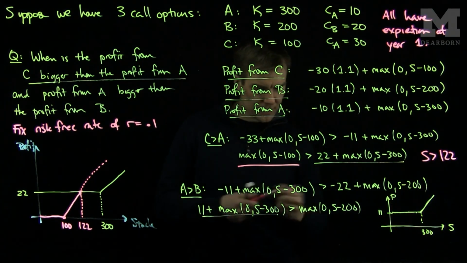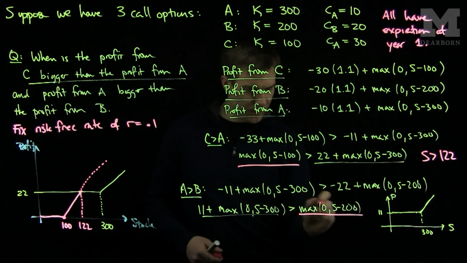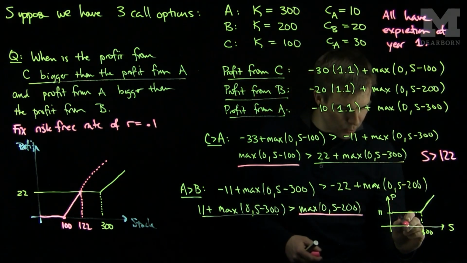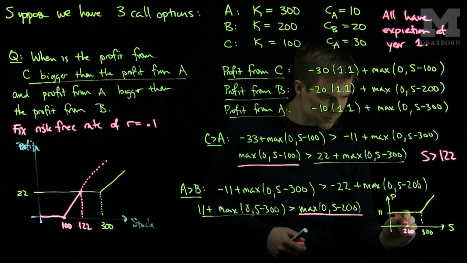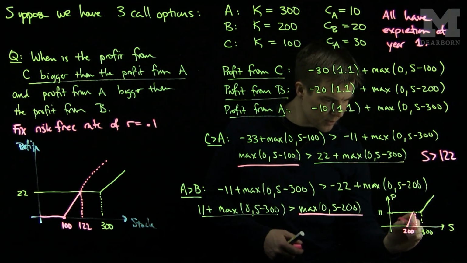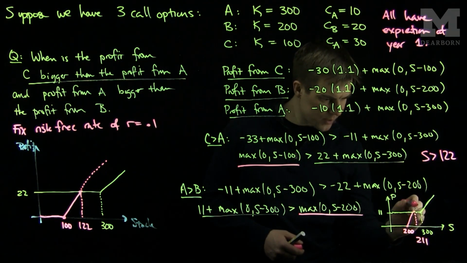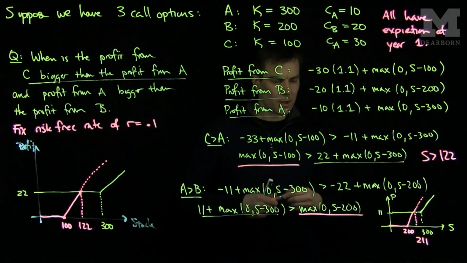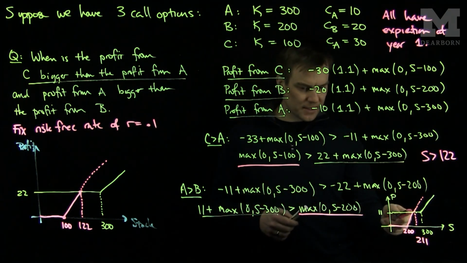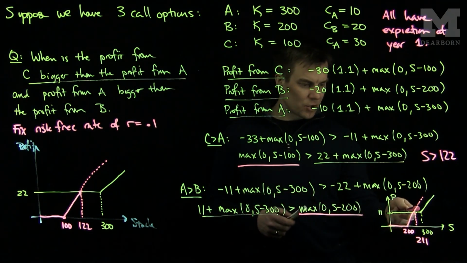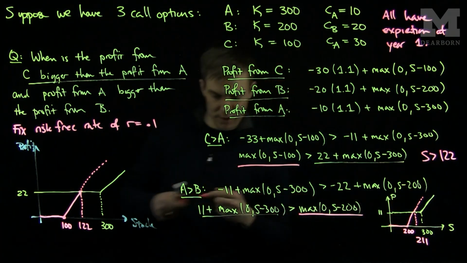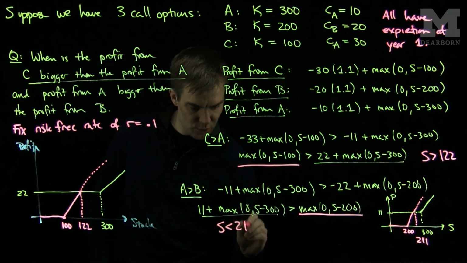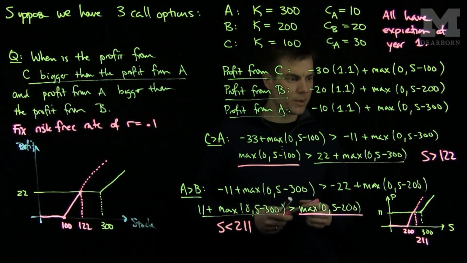If we plot the left-hand side, it goes all the way over to 200, and then it linearly grows. So at 211, we see that our pink line will go above the yellow line. So the pink line will be less than this when S is less than 211.